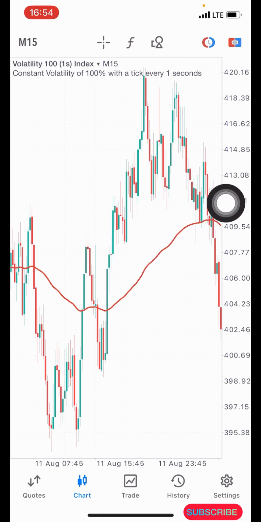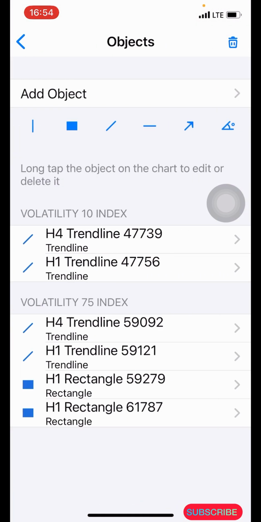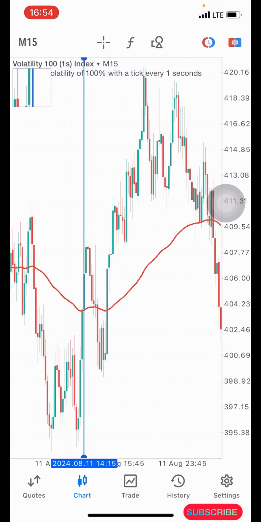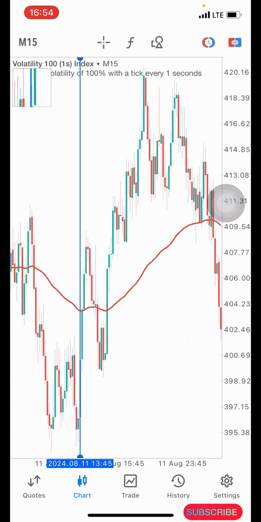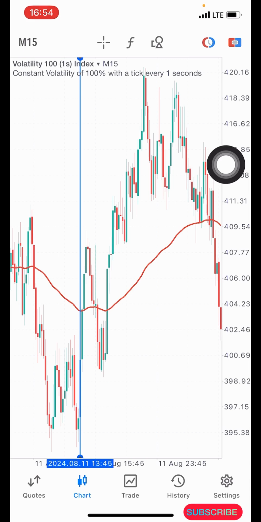All right, so this is how the strategy works. I'm going to start from this area here, because I'm going to be sharing with you guys the buying example and I'll also show you the selling example for this strategy.